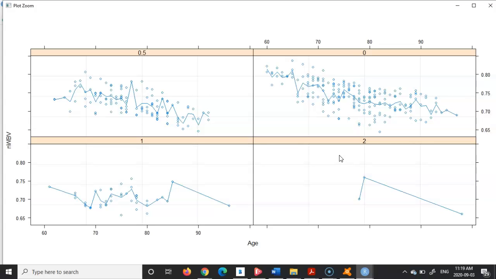We had 4 different ratings. We had 0 ratings, we had 0.5 ratings, we had 1, and we had 2. And for each one, you see that the x-axis represents the age from 60 to 98, and the y-axis represents the normalized whole brain volume.